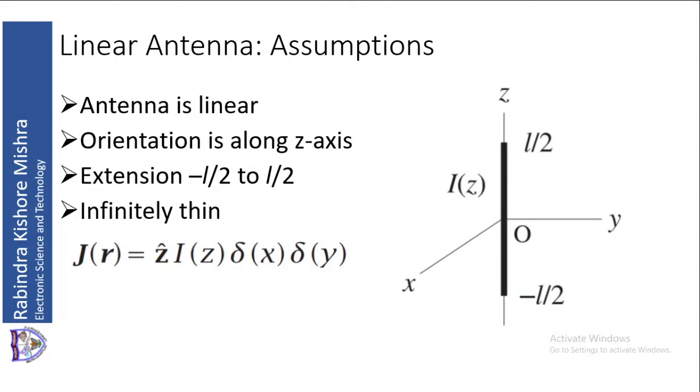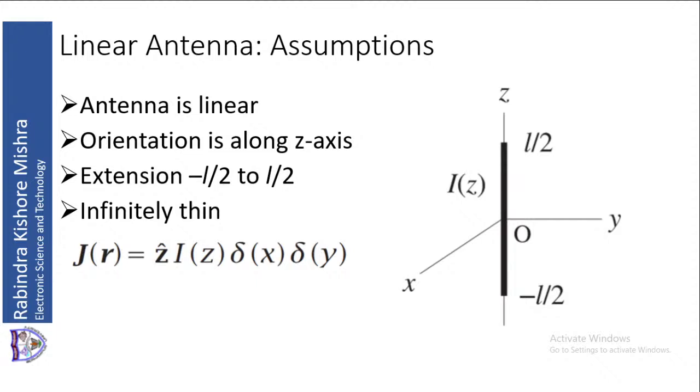So current is confined to the range of z between minus L by 2 and L by 2, that is, minus L by 2 less than or equal to z less than or equal to L by 2. This is the range where there is current, and since the antenna is oriented along the z axis, the current varies as a function of z only.